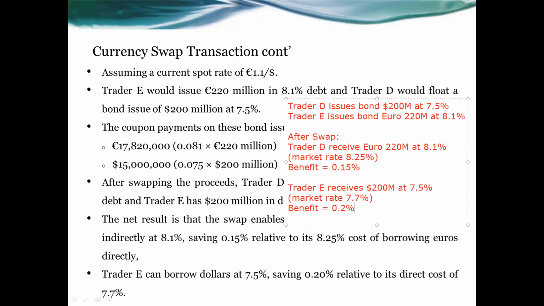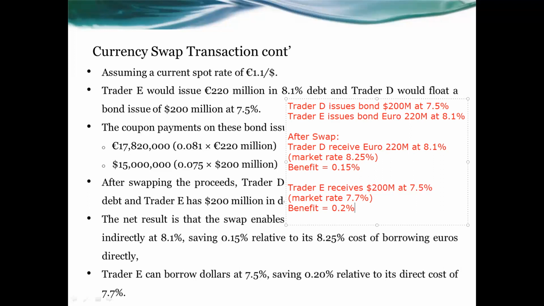Now you see, right? So as a result of this swap transaction, trader E can borrow dollars at 7.5% and he will be able to save 0.2% of interest gain or direct cost saving. Now you see why people are going with this currency swap.